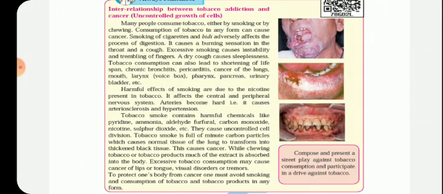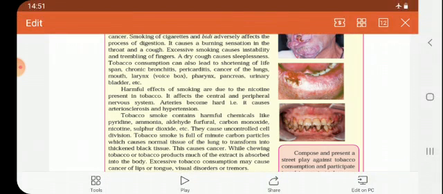Tobacco smoke contains harmful chemicals like pyridine, ammonia, aldehyde, furfural, carbon monoxide, nicotine and sulfur dioxide. These are harmful substances.